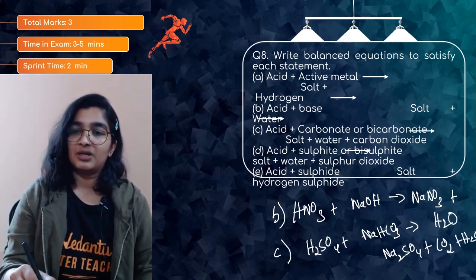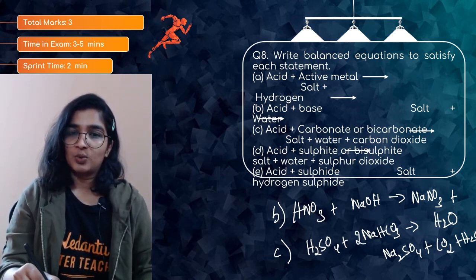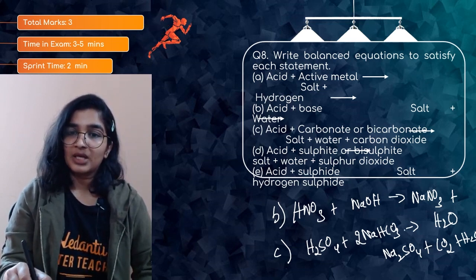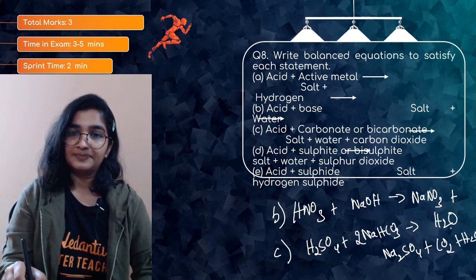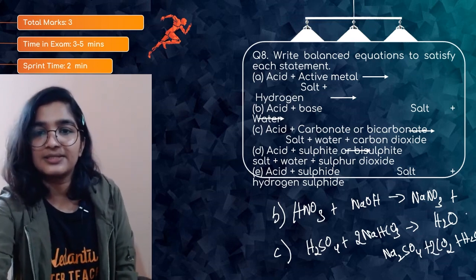But the equation is not balanced, so let me add 2 here. SO4, we'll just leave it there. 2 Na done. Now coming to hydrogen, you have 4 here, 4 here. And 2 carbon, so should I add 2 here? 3 2s are 6, 2 2s are 4, 5, 6. Now it is balanced.